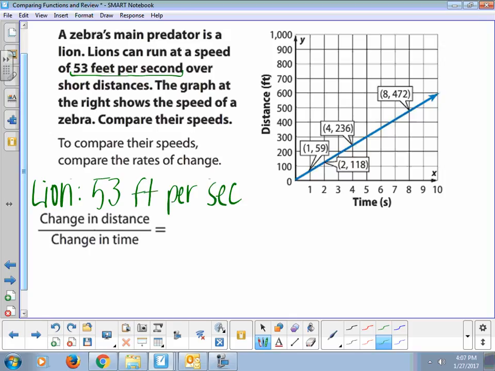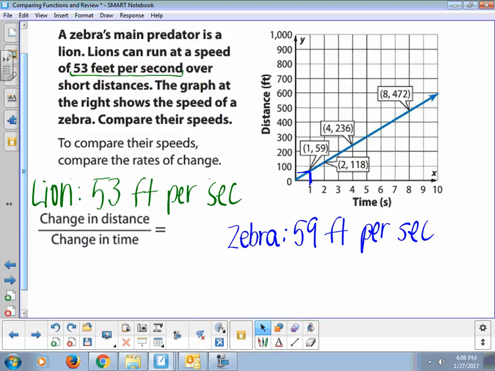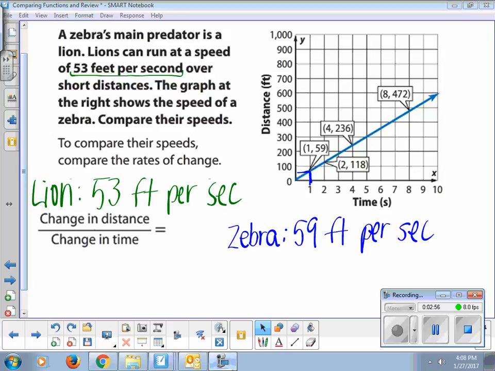We are also given a graph, and the graph on the right shows the speed of a zebra. The rate of change or our slope for the zebra is 59, so we know that the zebra is traveling at a rate of 59 feet per second, which means that the zebra is moving at a faster rate.